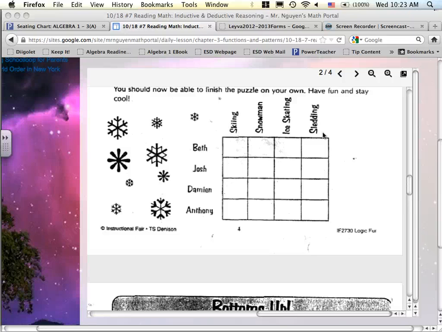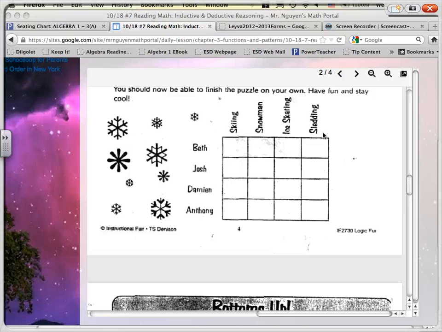Okay, 1, exactly 1. So if you're choosing 1, you cannot do the other. Second clue, Anthony is the ice skater's dad. So, who's Anthony? He's the ice skater's dad. So if he's the ice skater's dad, is he ice skating? No, he's not the one. Okay, so that means this is what you do. You go to Anthony's line and you say, wait, if he's the ice skater's dad, then he's not doing ice skating.